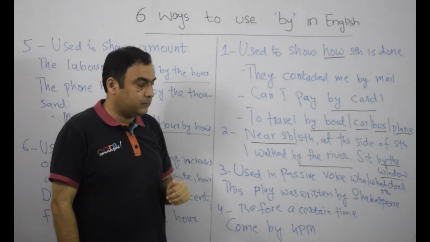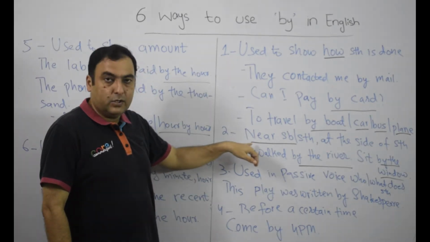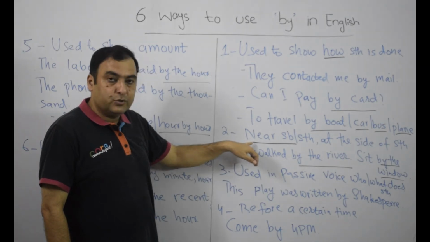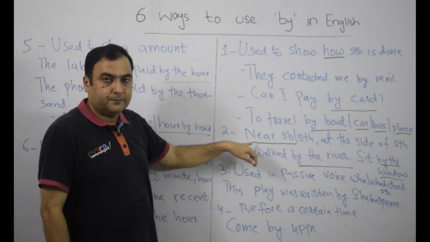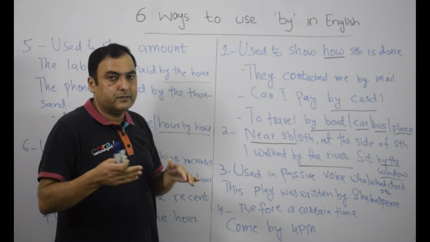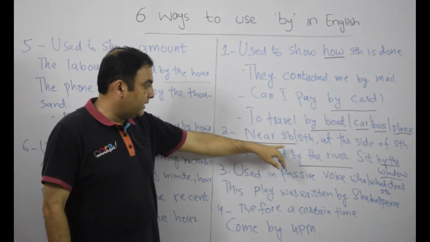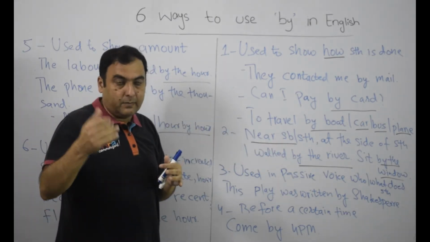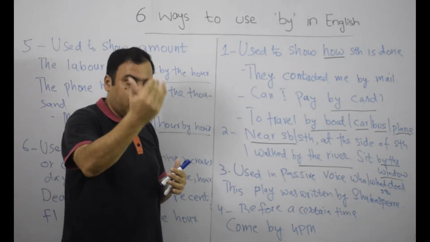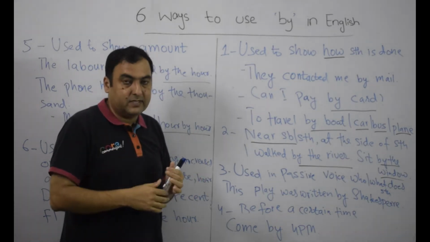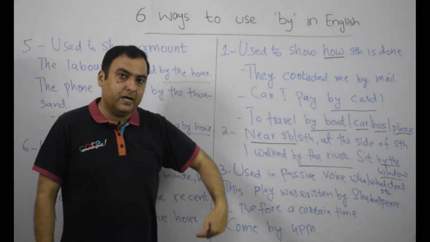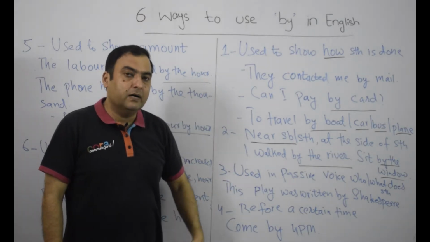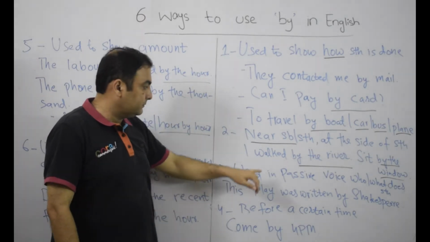The second usage of by is that it is used to show nearness. Something is near something, or at the side of something. So if I tell someone, come and stand by me, come sit by me, for example.